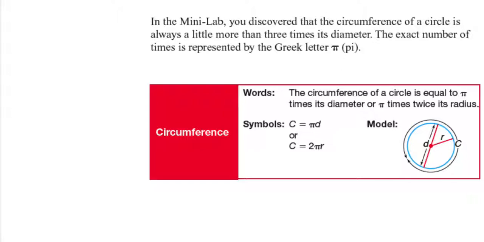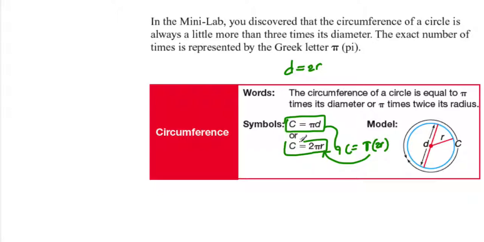And if you remember that diameter is equal to 2r, or twice the radius, if I substitute 2r for the diameter, the circumference would be pi times 2r. Or if I rewrite this, it becomes 2 pi r. So these are the two formulas that you need to memorize for circumference. Circumference equals pi d, or circumference equals 2 pi r.